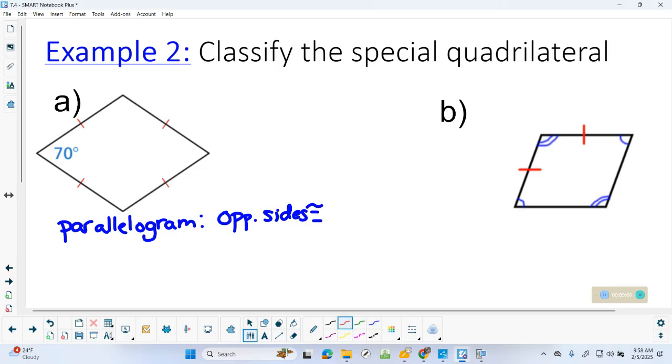Now, I'm going to get fancy, meaning, is it one of our special parallelograms? Is it one of our special quadrilaterals? Meaning, is it a rectangle, rhombus, or a square? Well, I'd probably eliminate square and rectangle right now because you don't have any right angles in the corners. So those are out. Is it a rhombus? Yes, because you have 4 congruent sides.